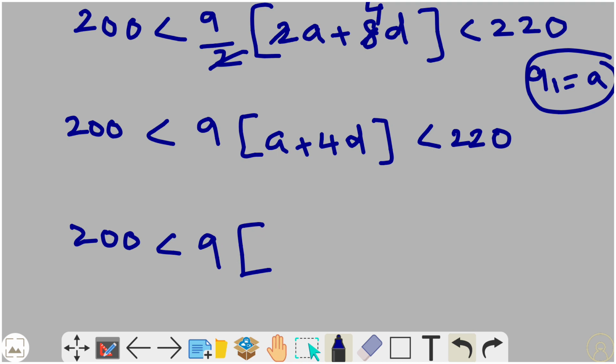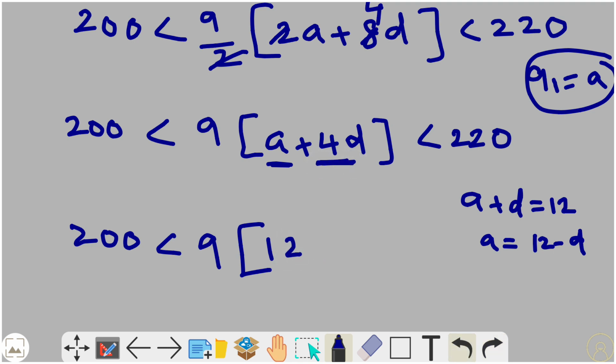Next, in your question, the second term is 12, which means a plus d equals 12, so a equals 12 minus d. So instead of a, we put 12 minus d. Minus d, and already we have plus 4d, so plus 3d, less than 220.